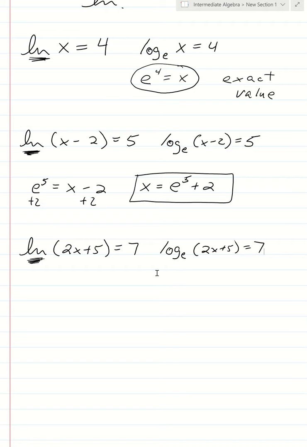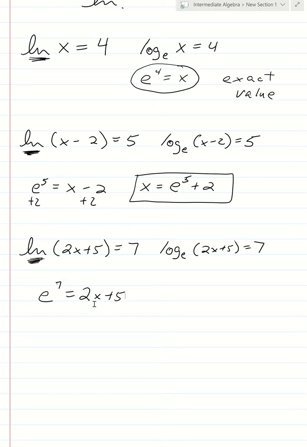And so now, what we need to do is just rewrite our logarithmic equation into the more familiar exponential form. So we take base e, we raise it to the 7th power, and that is supposed to equal 2x plus 5.